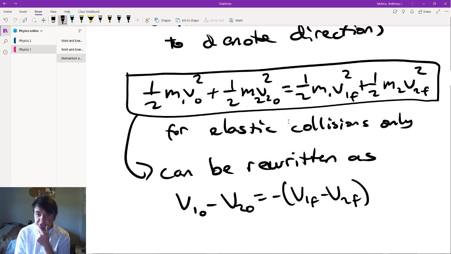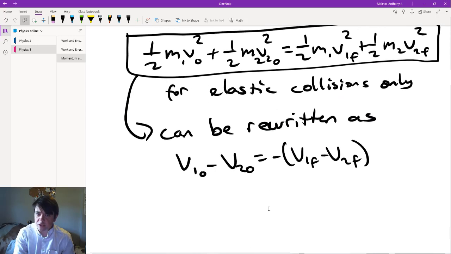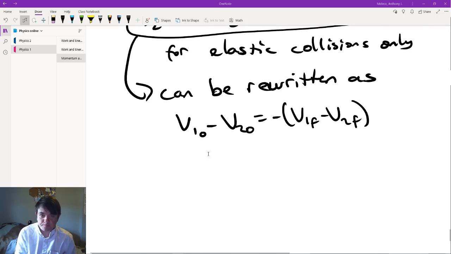But for elastic collisions, I'm telling you they are really, really complicated to solve, because if you're using both of these equations, and in one of them it's squared, elastic collisions, 1D even, and 2D is nuts. Elastic collisions are really, really challenging. So I usually limit that to where you can use the second equation. But I'll show you how these work.